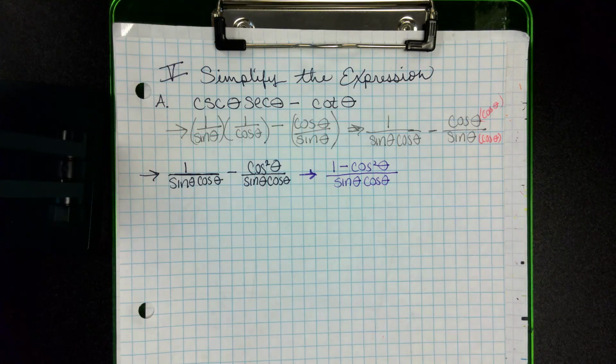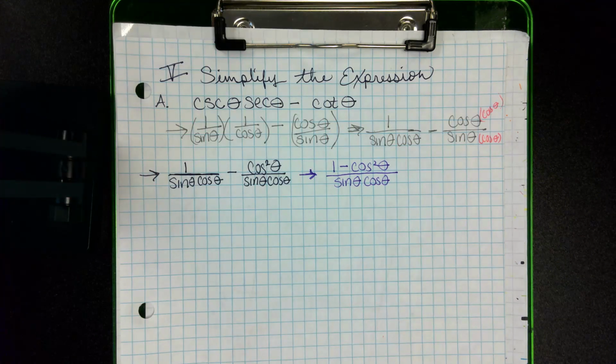Because I can't just do regular simplifying stuff that I've always done anymore, because it's all combined together as much as I can combine it. Whenever you get to that point, pull out your formula sheet. Does it look like anything on the formula sheet? Kind of does, right? It has a cosine squared in it, and it has a 1 in it, and it has a plus or a minus sign. So that looks a lot like Pythagorean identity, right?